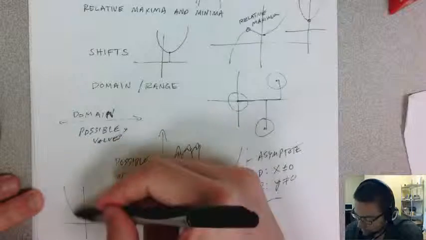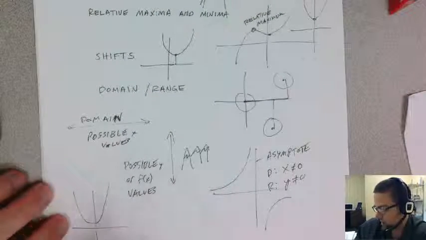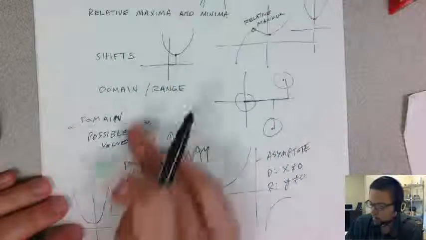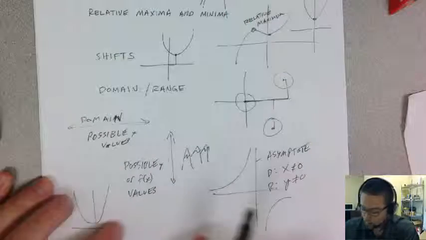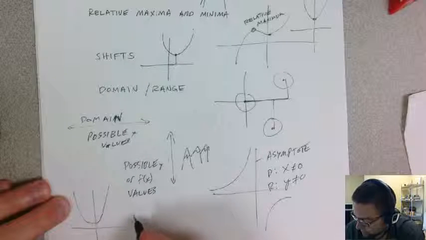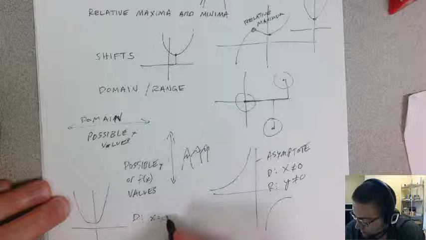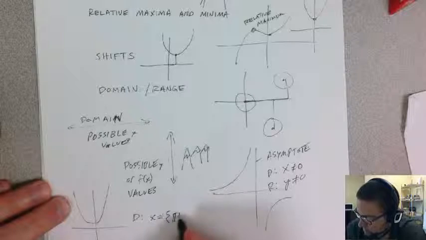Sometimes we have a graph just like this, right? And it appears that all the x values are possible. Like as we spread out, there are function values. If I went way over here, it would be way up there, but there would be some value. So we'd say all x values are within the domain. So you might put set notation with these curly braces and say all the reals.